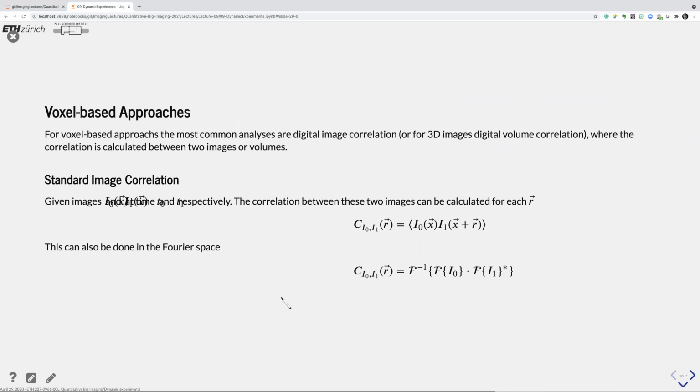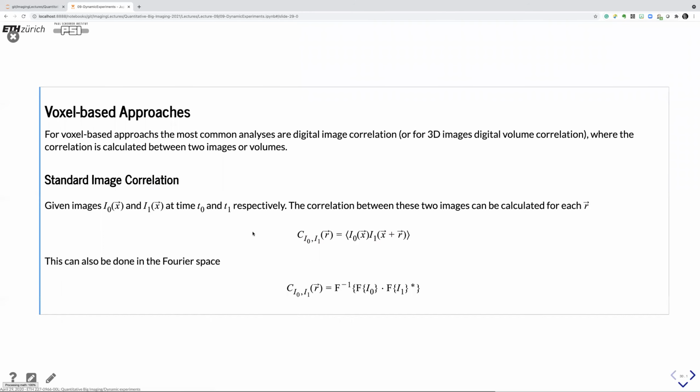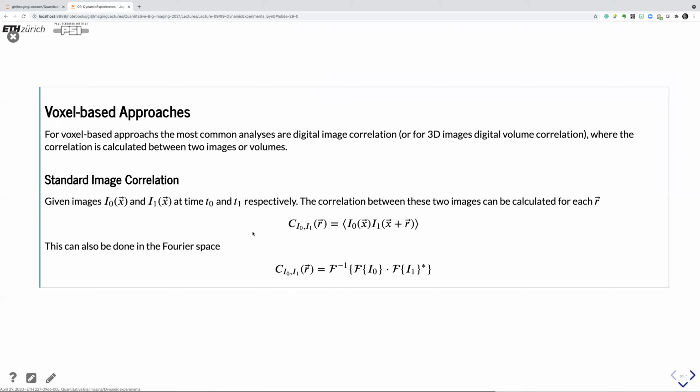You can also look into voxel-based approaches. Now we are going away from characterizing single objects, and looking at correlation instead. If you have two images and want to compare them, correlation would give you a point with the offset, how much it has moved.